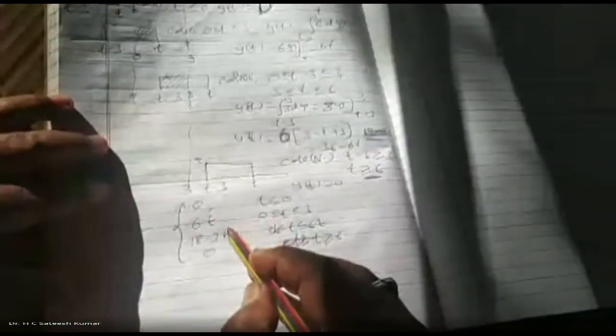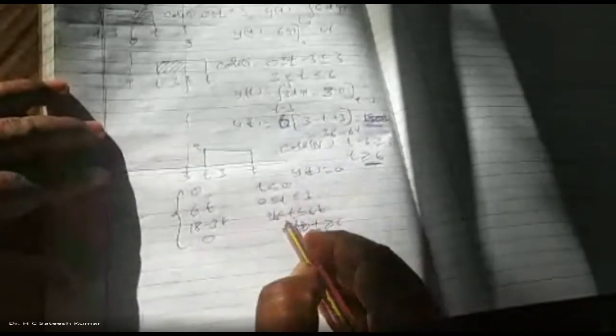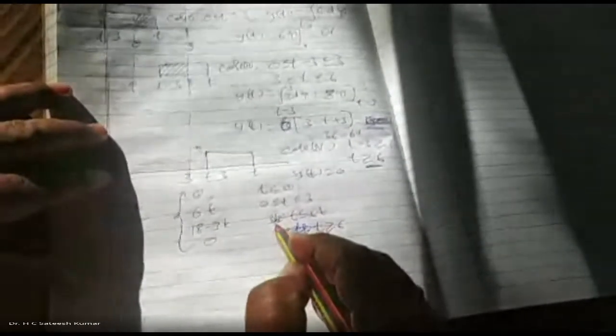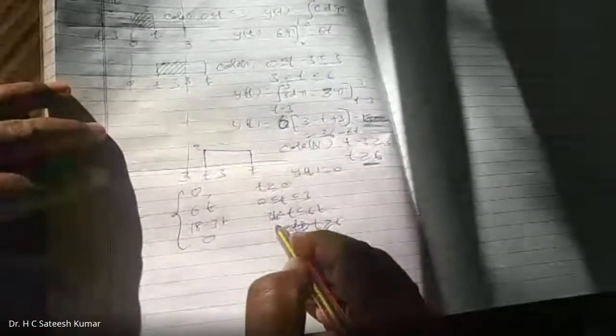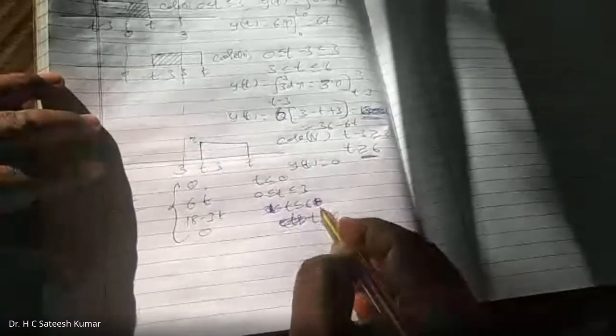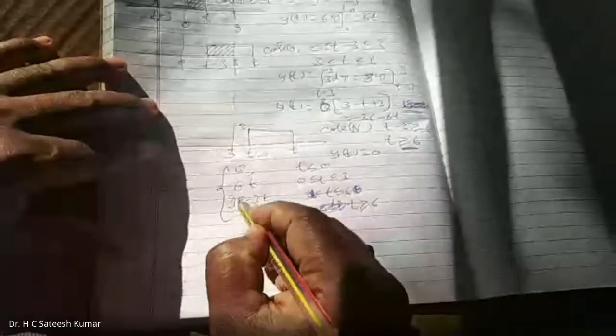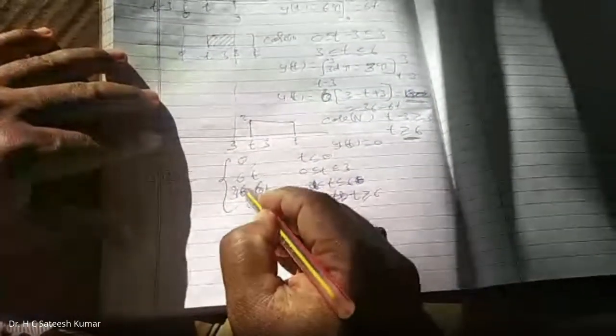Verify the answer. This is for t lies between 3 to 6. What is the value? 36 minus 6t. Okay, right.